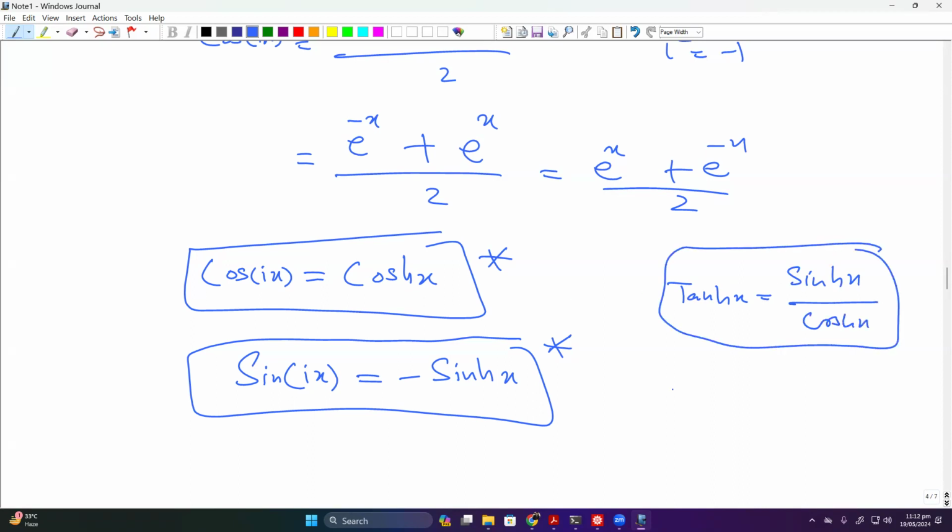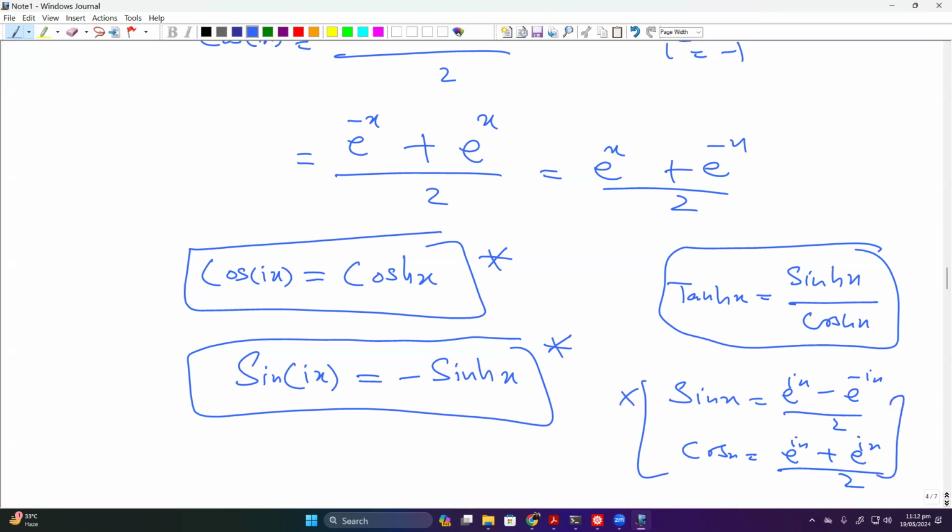And similarly, if we have the expression of sin x in terms of e^(ix) and e^(−ix) divided by 2, and for cos x, e^(ix) plus e^(−ix) divided by 2, we can obtain similar expressions for tangent, cotangent, and so on.